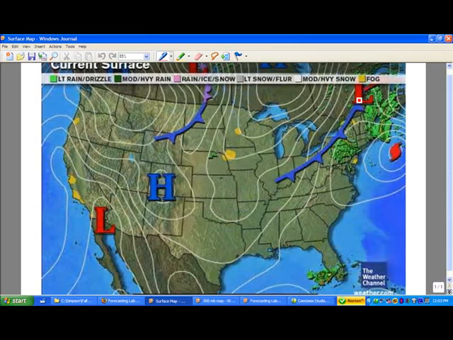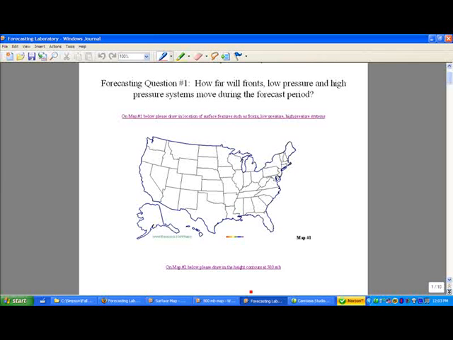Okay, so the first thing I'm going to do for this lab is draw each of these features on my lab. So I'm going to draw the low pressure center. I'll go back here and I'll draw my low pressure center along with my front, my cold front, along with my warm front.